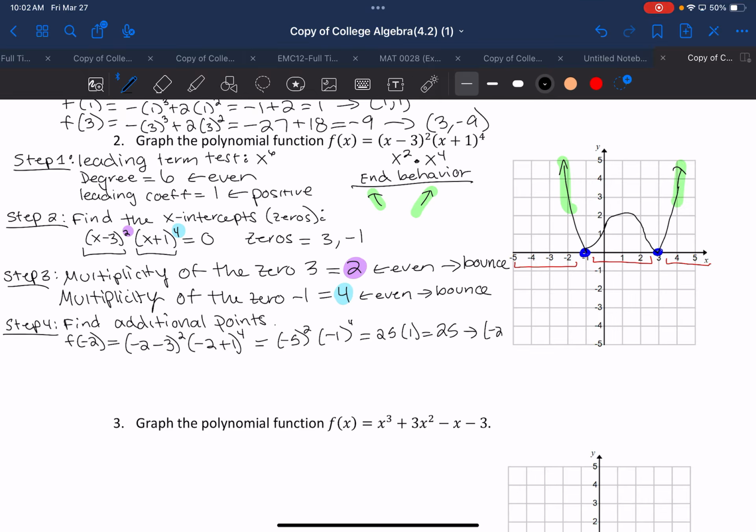This gave me the point -2, 25. But what that tells me more specifically, if I was just doing this by hand, is that it's not even crossing -2 until it gets way up there to 25. So I can just make it more narrow. But again, you're going to see when I show you how to do this on Pearson what's actually important, okay?